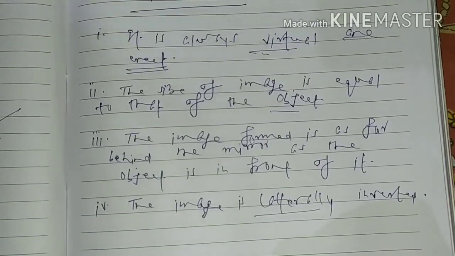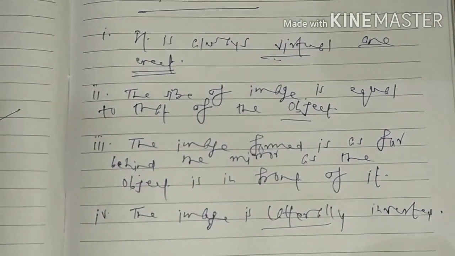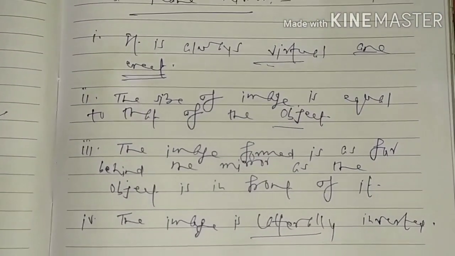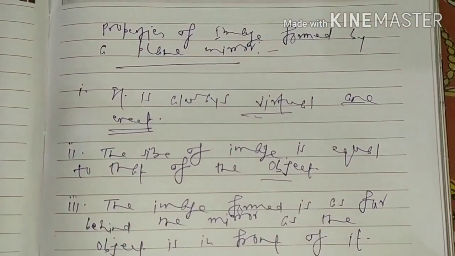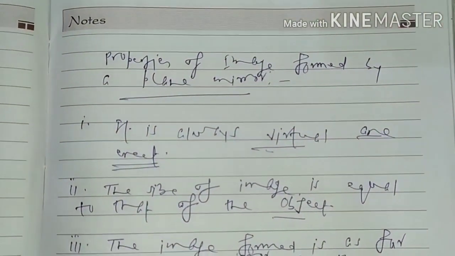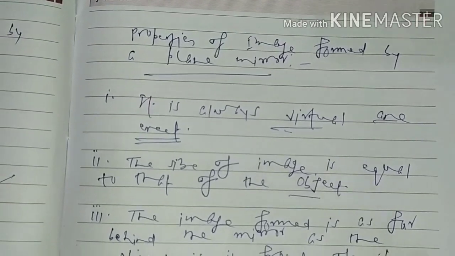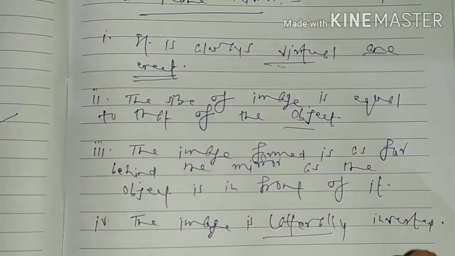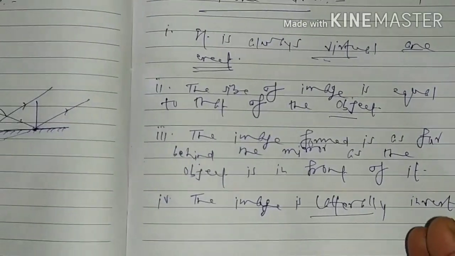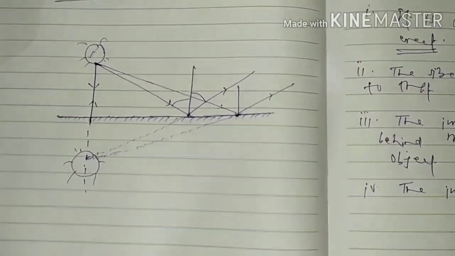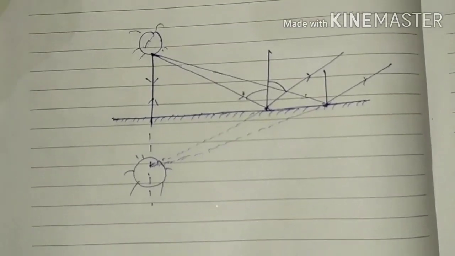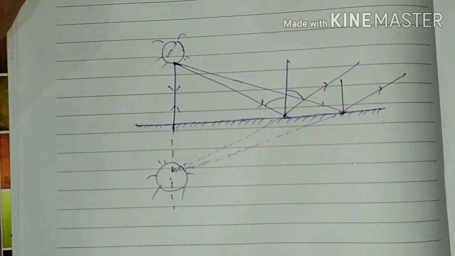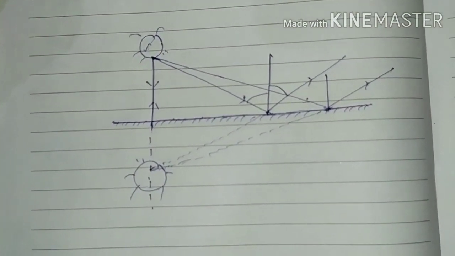This term, laterally inverted, is again new for you. Once again, I suggest that you take a plane mirror and put it in front of any book. What do you see? Are the words you read in the plane mirror the same as written on your page? No. You will see them in a different position, and this is lateral inversion.